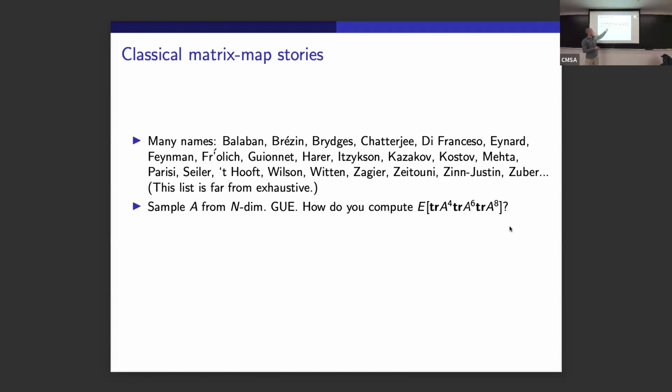Suppose I sample A from the N-dimensional Gaussian unitary ensemble. This is the model where you choose an independent complex Gaussian random variable for every entry of your N by N matrix, except then you project onto the space of Hermitian matrices.